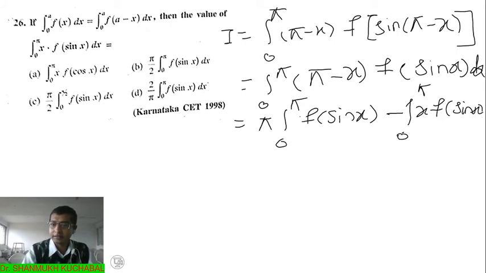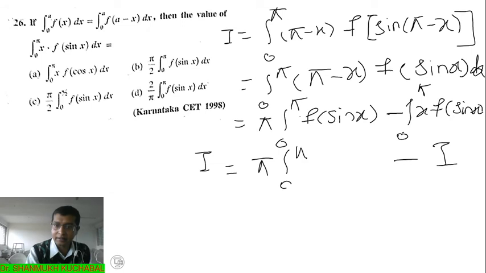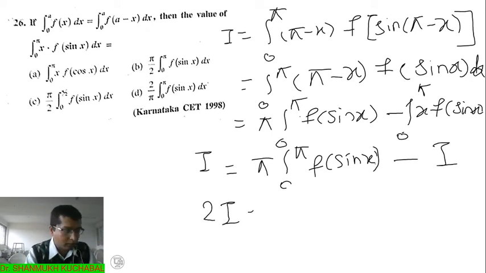This is nothing but I, and here it is I, so I equals pi times integration 0 to pi f of sin x, minus I. We transport minus I to the LHS, it becomes plus I, plus I, so we get 2I equal to pi integration 0 to pi f of sin x.